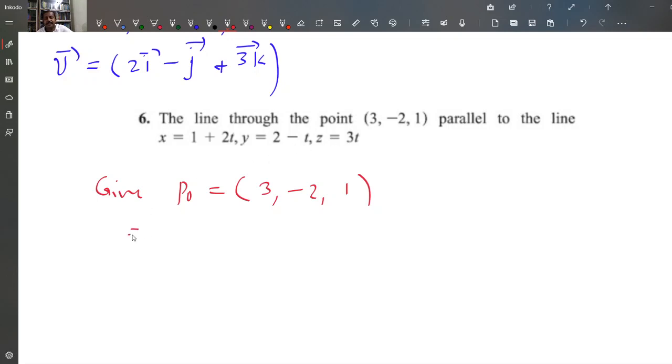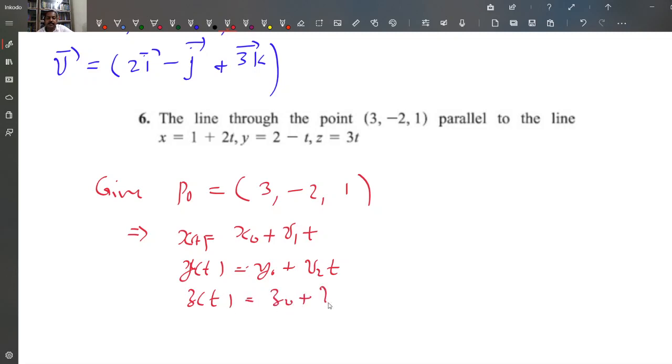So this implies, you know the parametric equation: x of t is equal to x naught plus v1 t, y of t is equal to y naught plus v2 t, and z of t is equal to z naught plus v3 t. So this is the parametric equation.